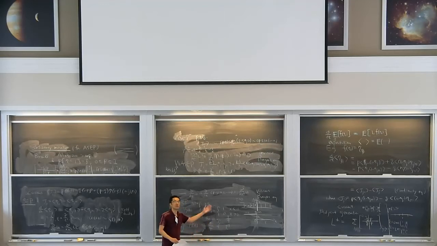But this is not the case for TASEP. In fact, it is known that this scales like t to the 1/3, and here comes some non-trivial random variable which we are interested in. This is related to the Tracy-Widom distribution.